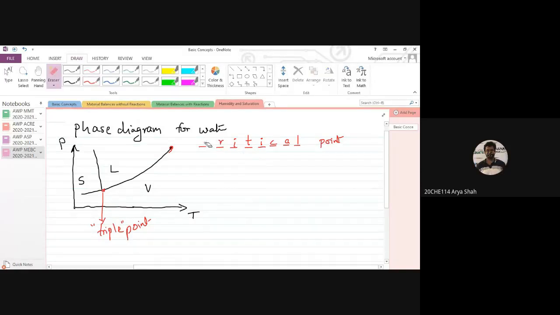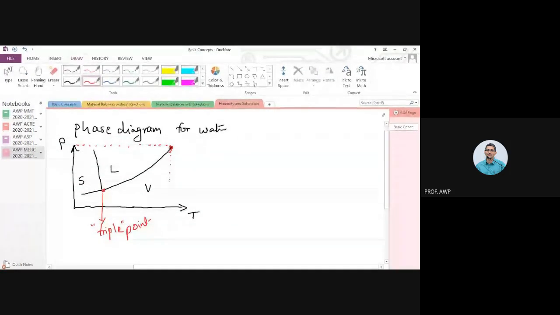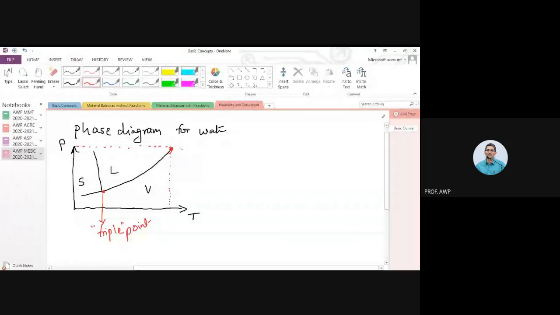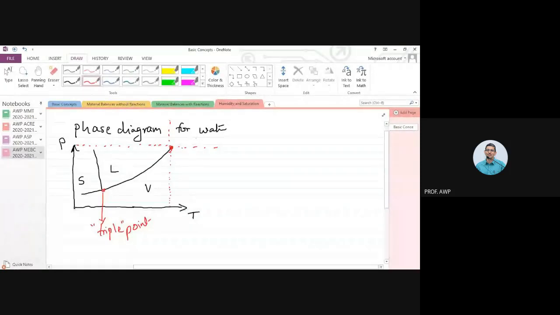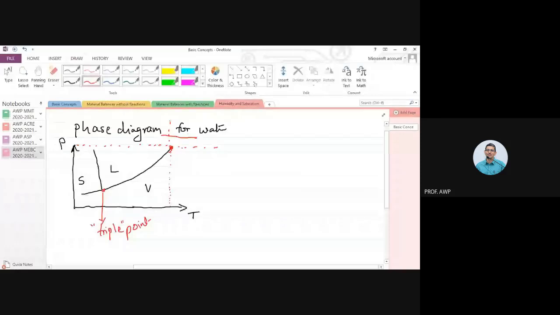Sir, it is the temperature above which the gas cannot exist as a liquid given any amount of pressure. Or vice versa, if you are talking about beyond this critical pressure and critical temperature, there is no way I can liquefy. If you are at this point, even if you reduce the temperature, there is no way I can liquefy.